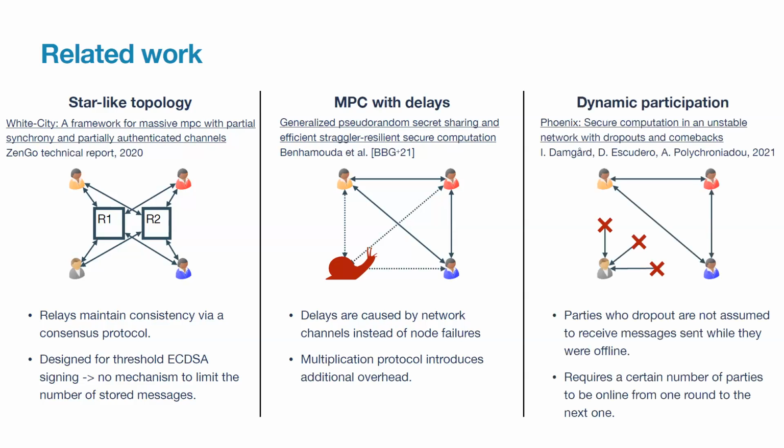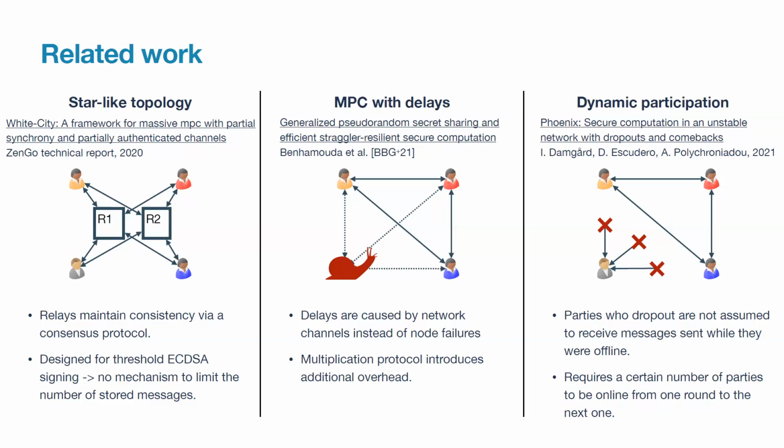Finally, there's a line of work on MPC with dynamic participation. One of these works is the Phoenix paper, where they also consider parties who drop out and then come back. But here, the parties that drop out are not assumed to be able to recover the messages that were sent while they were offline. And the way they go around this is by requiring that there's a certain number of parties that remains online from round to round.